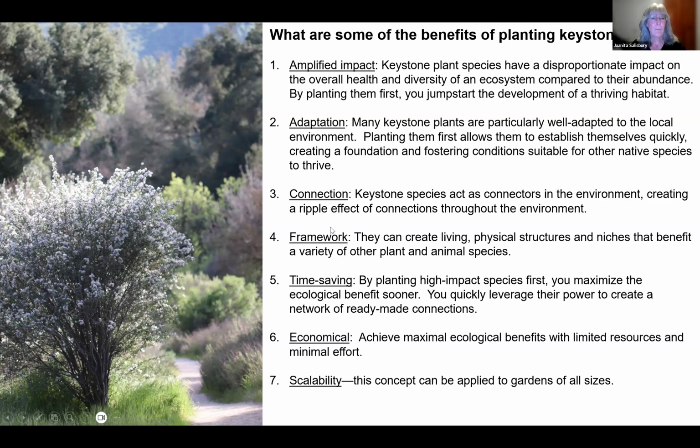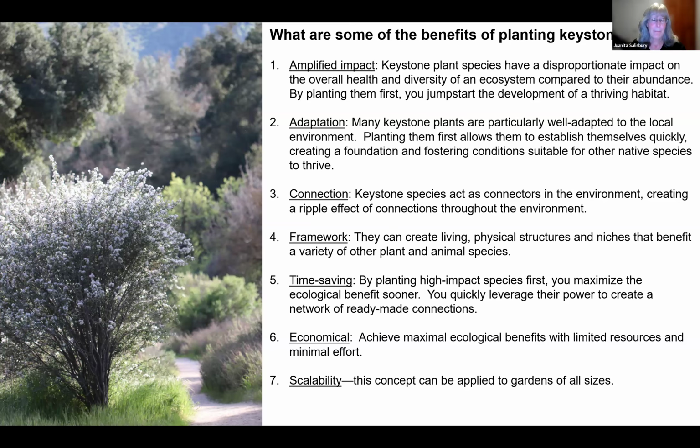They form connections between all kinds of things in the environment, and that creates a ripple of effective connections. They provide a framework, so a structure, and niches that benefit a variety of other plant and animal species. And it's a time saver. By planting those high impact species first, you maximize that benefit sooner.